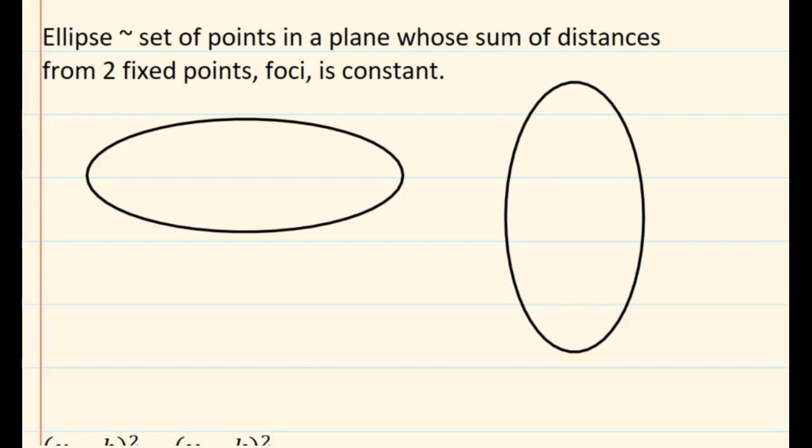First, let's dissect the ellipse. One of the most critical points that we're going to find is the center. We'll label that one C. We already talked about two fixed points, which we called the foci. We'll call this one F sub 1 and this one F sub 2, since we have two foci. Big things to remember are the vertices, a vertex over here and another vertex over here.